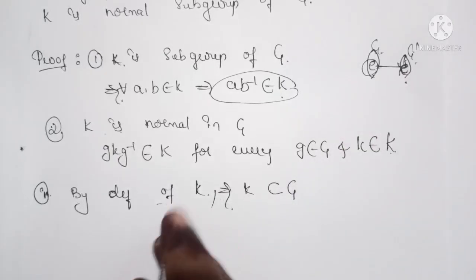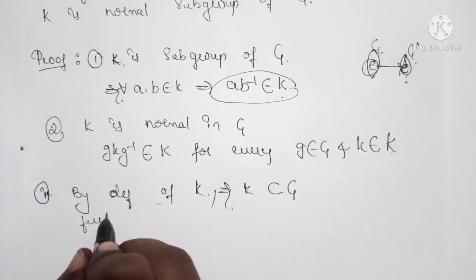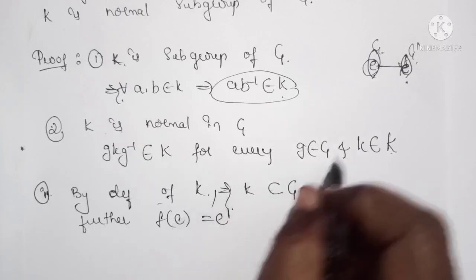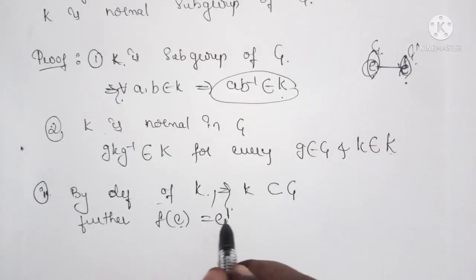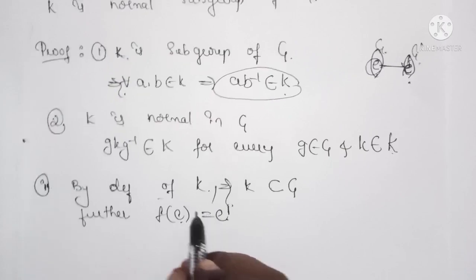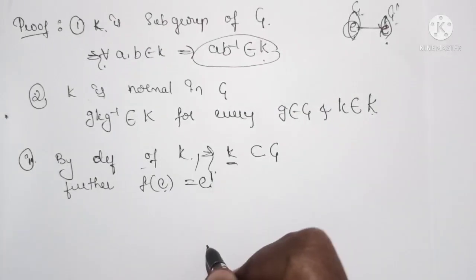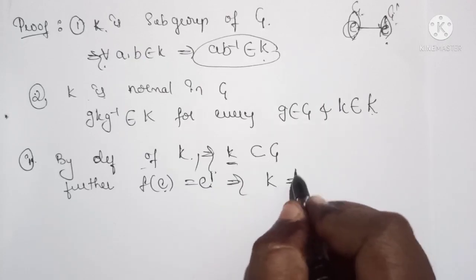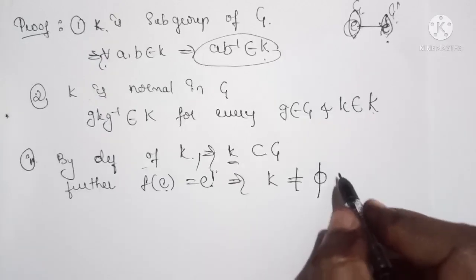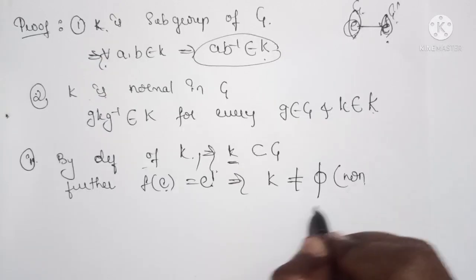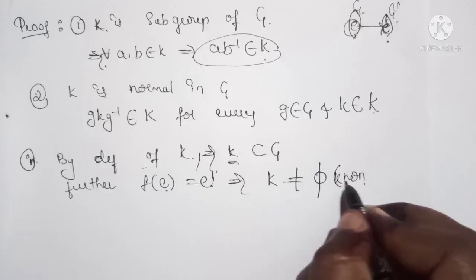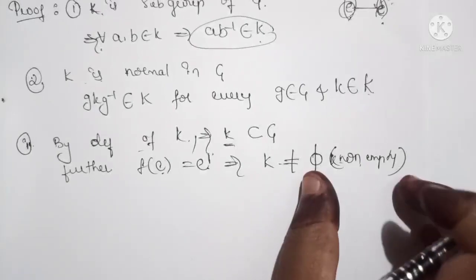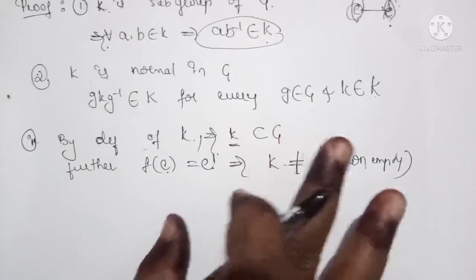Therefore we always know that f of e equals e dash. So here the image of e is equal to e dash. Therefore we can say that K is non-empty, which means that K is not equal to the null set. So K is a non-empty subset of G.